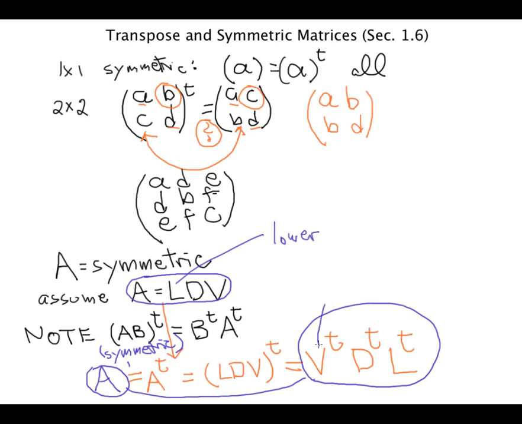What do you know about V transpose? Well, V is upper triangular, so when you take its transpose, the transpose of an upper triangular matrix is lower triangular. So this matrix V transpose is lower triangular, just like L, and it's also special. It has ones on the diagonal.